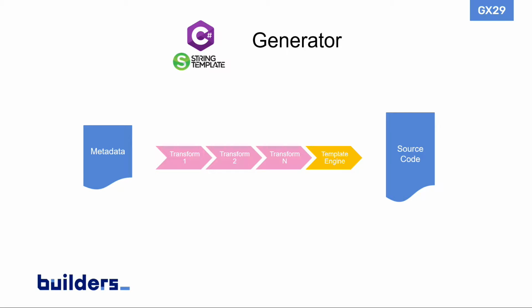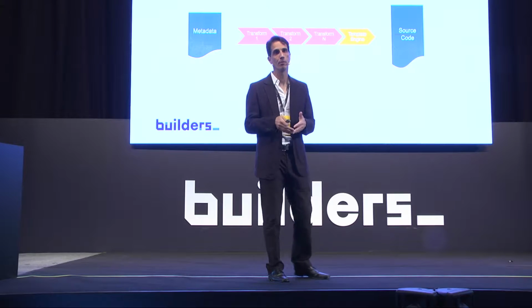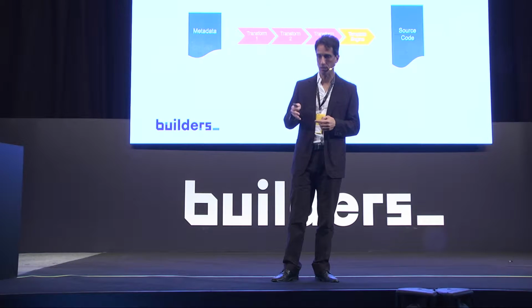Each one has an intention, which is to get the metadata closer to the program to generate. And the last part in this chain is put into a template with a tool, and this creates the final code. So this is a technique to generate code.